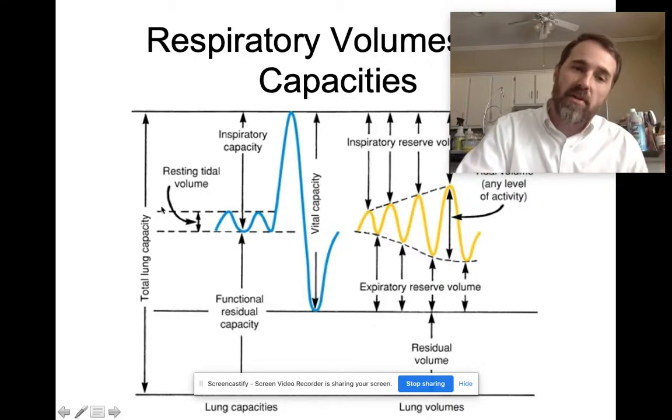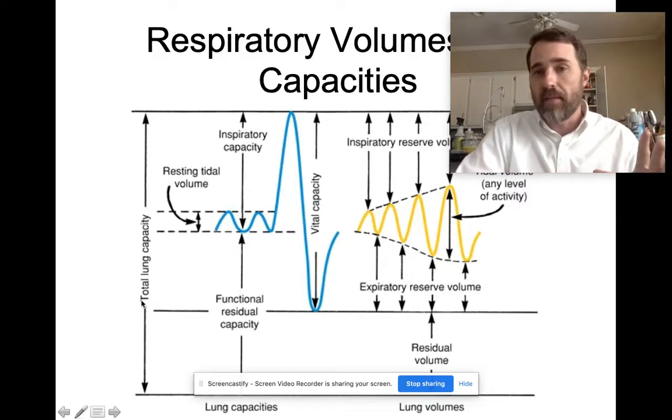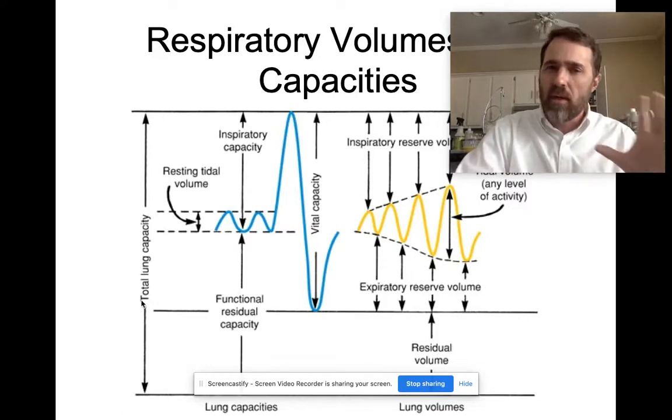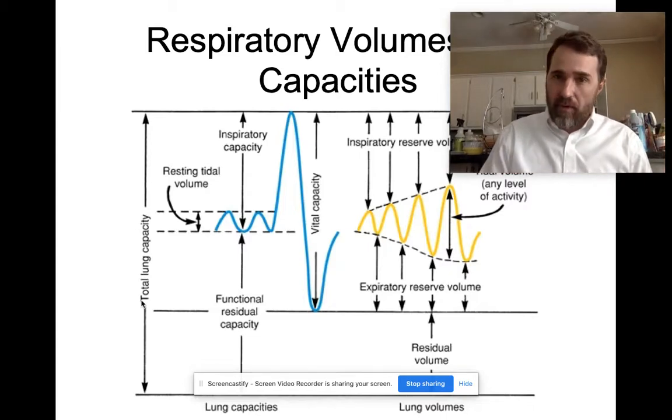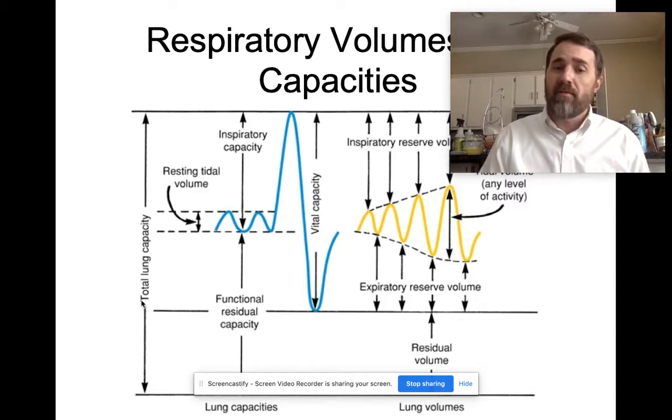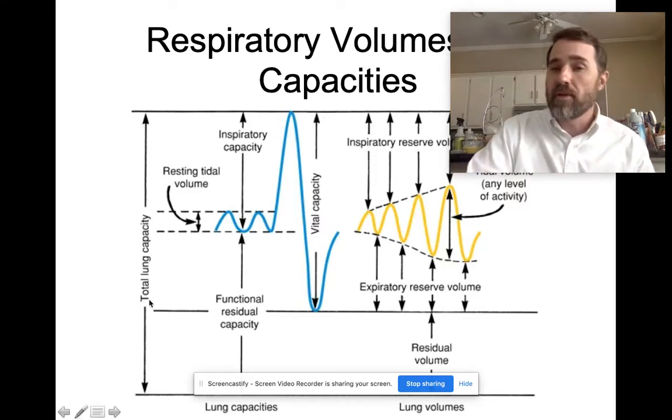Coming down here, you see that that is noted as being the total lung capacity. So when you say total lung capacity, that is calculated by adding your tidal volume plus your inspiratory reserve volume plus expiratory reserve volume plus residual volume. So that's the first capacity.